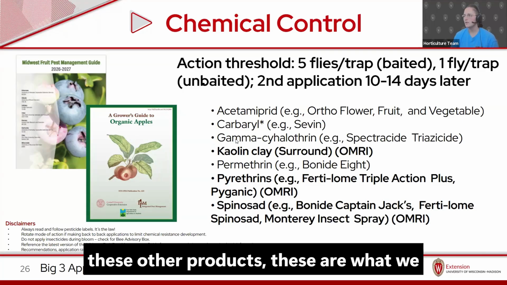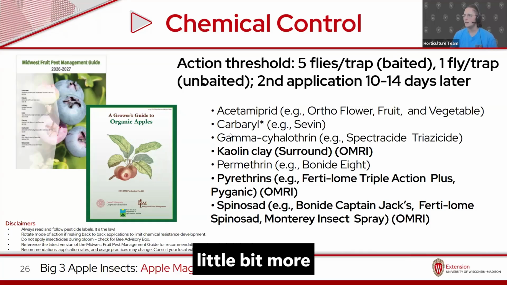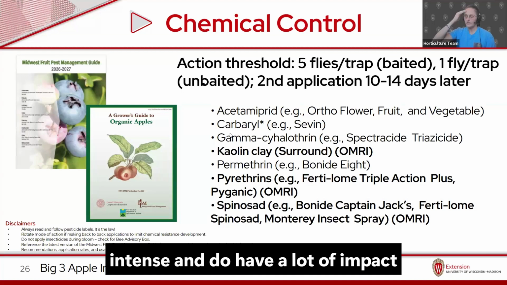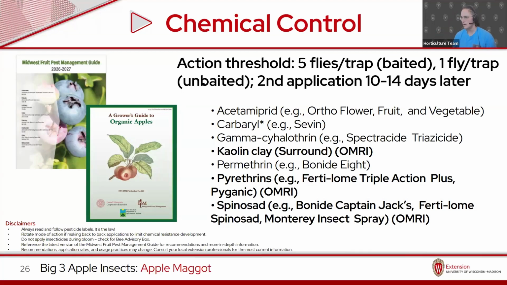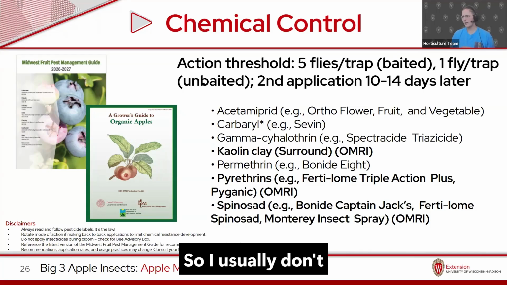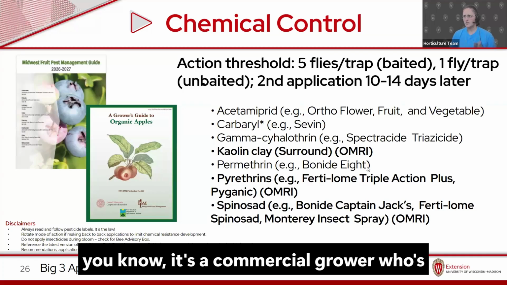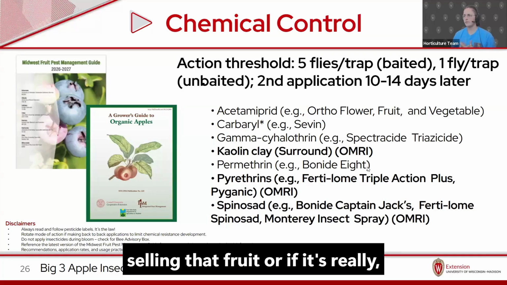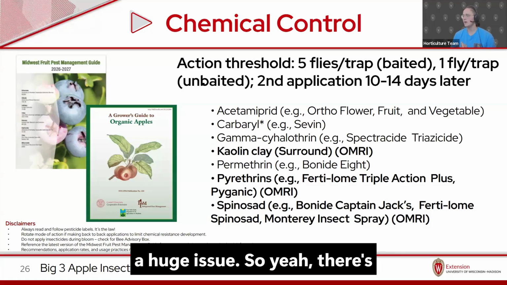Some of these other products are what we call conventional products, and they're a little bit more intense and do have a lot of impact on other non-target insects as well. So I usually don't recommend any of these products unless it's a commercial grower who's selling that fruit, or if it's really, really, really impactful and has been a huge issue.